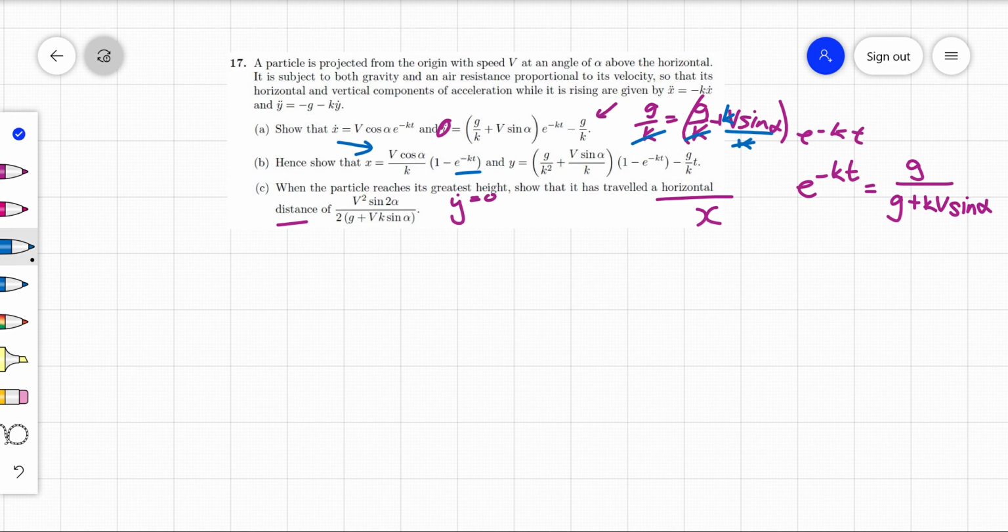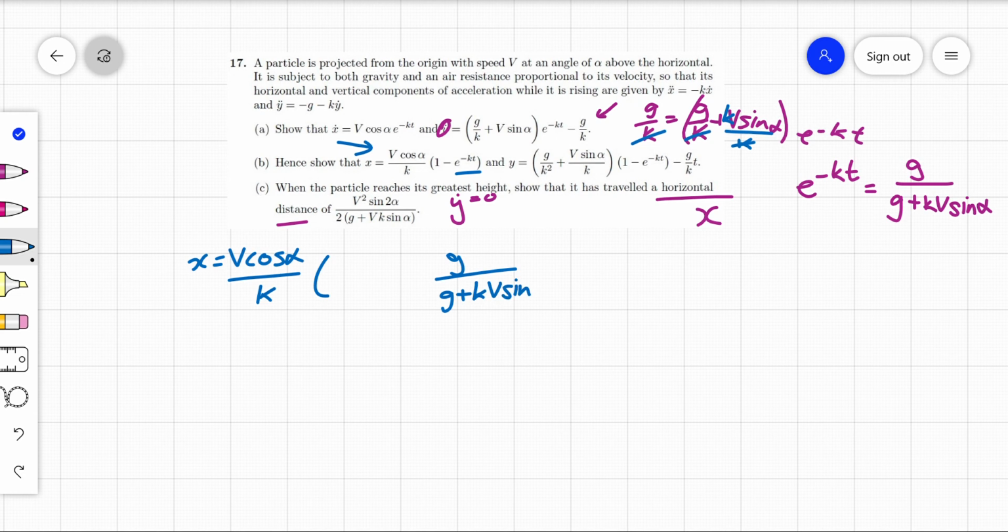So let's do that. So we've got x equals the v cos alpha on k, and we've got 1 minus g on g plus kv sine alpha.